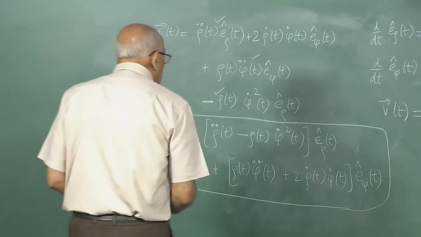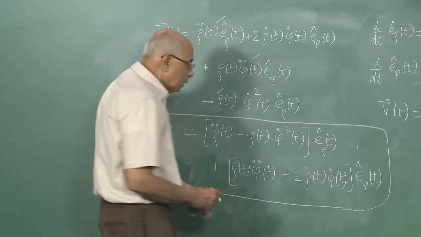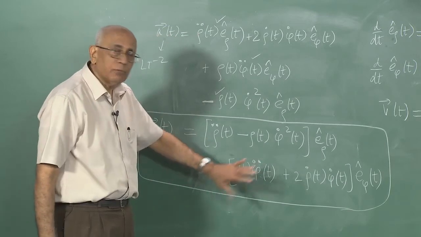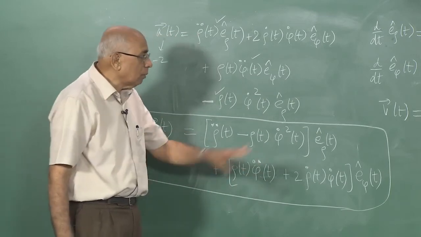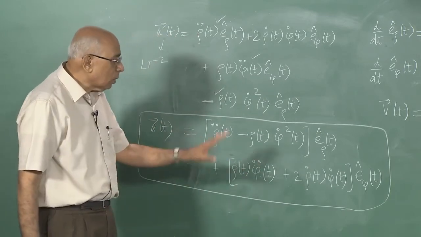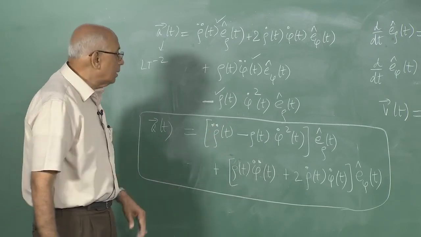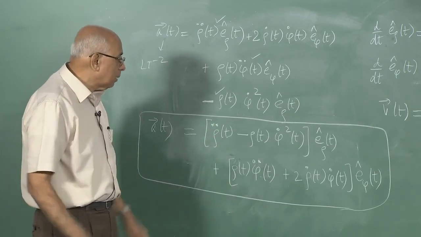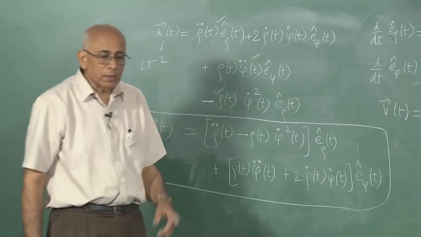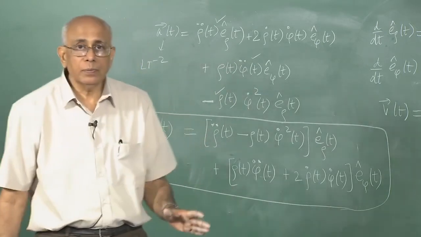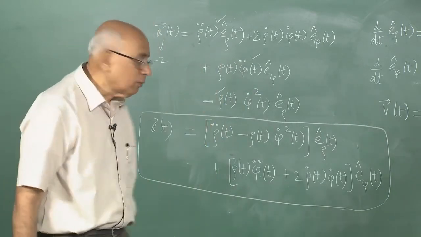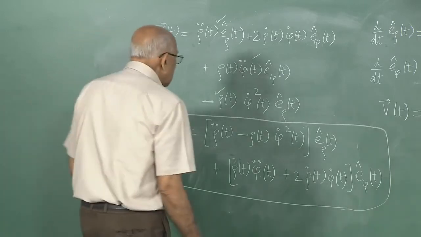But these terms will turn out to have physical significance. This is the most general formula that you can have for the acceleration for a particle moving in a plane. Everything is already in here. There could be cases depending on the special motion. For instance, if the particle is moving on a circle, then the distance from the origin is fixed, then rho therefore is constant.